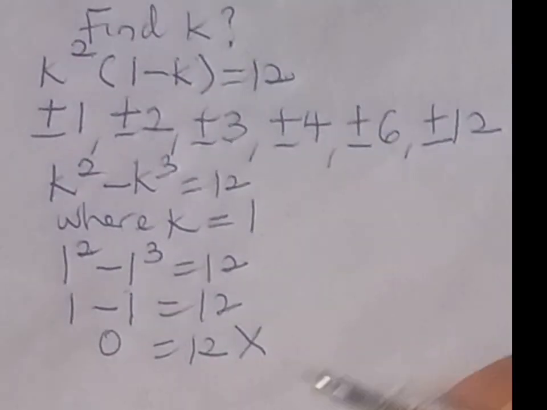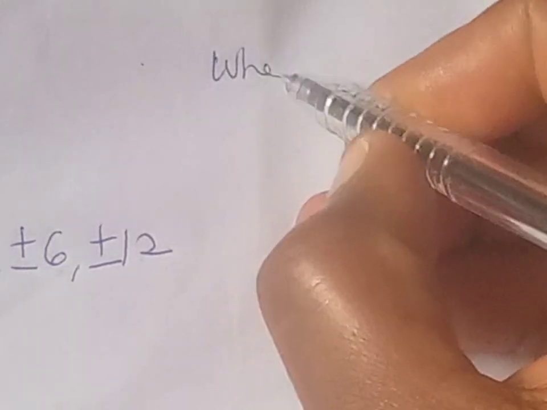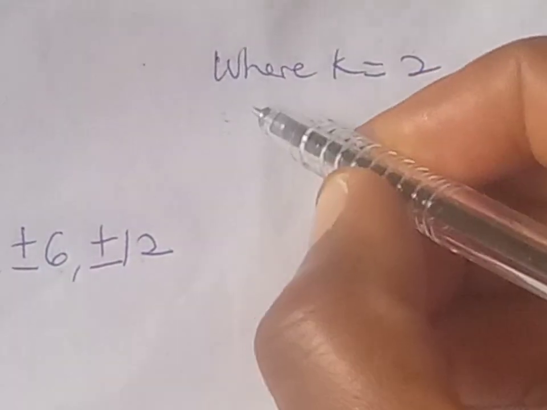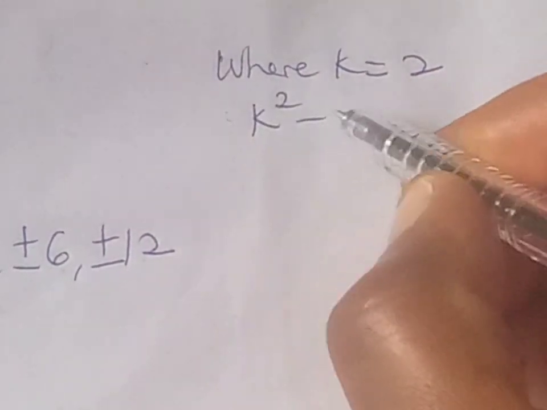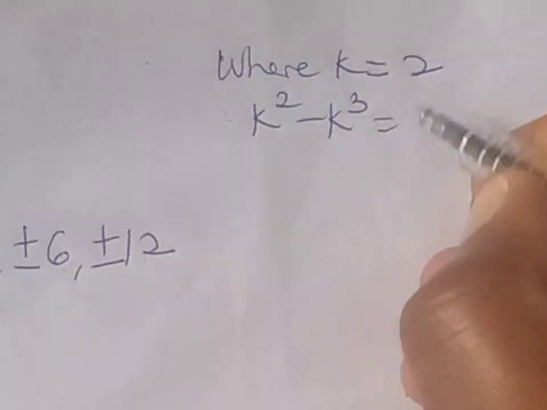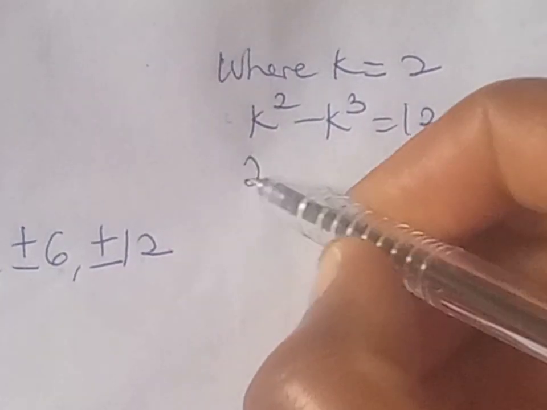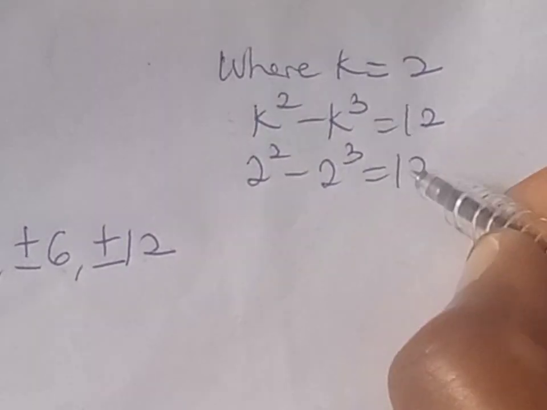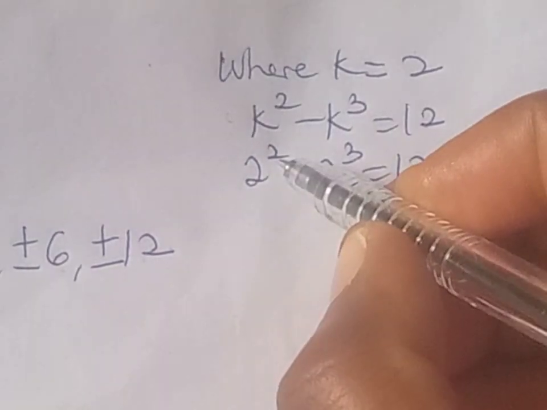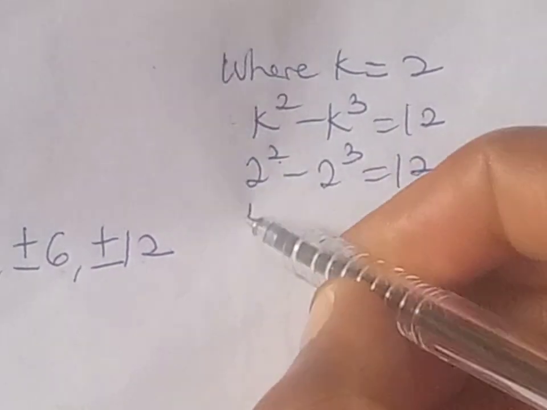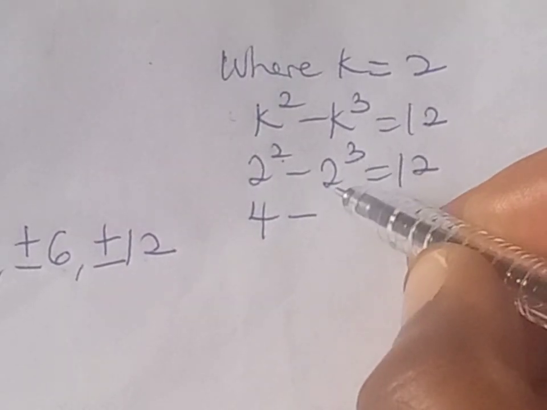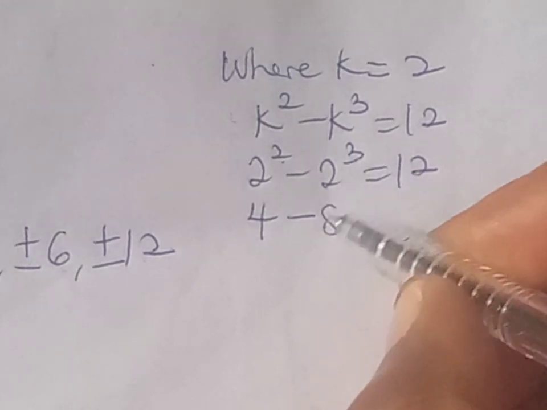Plus 2. So where k equals 2, our expression says k squared minus k cubed equals 12. So we have 2 squared minus 2 cubed equals 12. 2 squared is 2 multiplied by 2, that's 4, minus 2 cubed, 2 times 2 times 2, that's 2 times 2, 4, 4 times 2, 8.